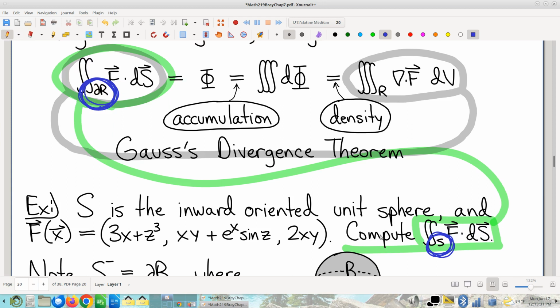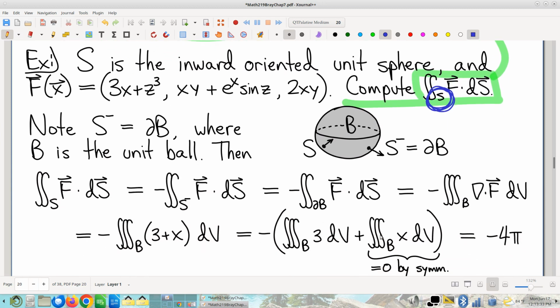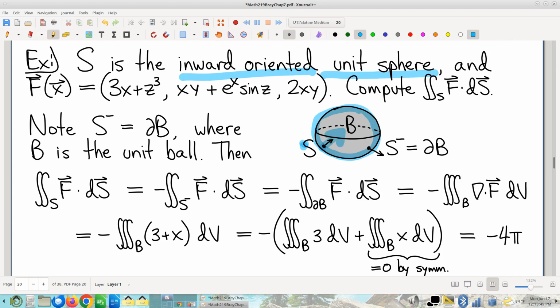So let's look now with that worry in mind. Let's look at this question. Our surface here is the inward-oriented unit sphere. There's the unit sphere. There's inward-oriented. That's what our surface S is. And is that a boundary? Oh, man, no, it's not.